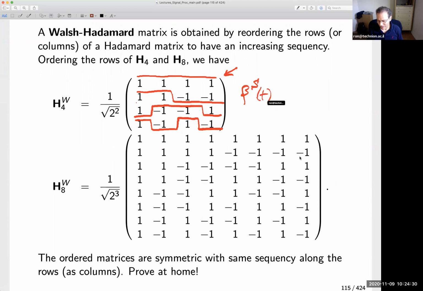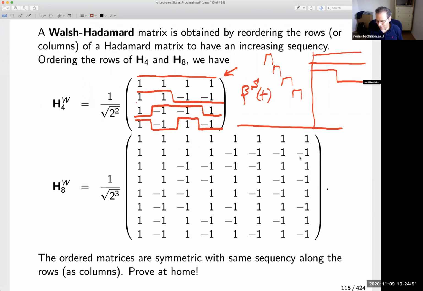Okay. So if the standard basis we started with was like that, applying the Walsh-Hadamard matrix would give me a new basis that would look like this: constant. Now it would look like that. The next one would look like that.